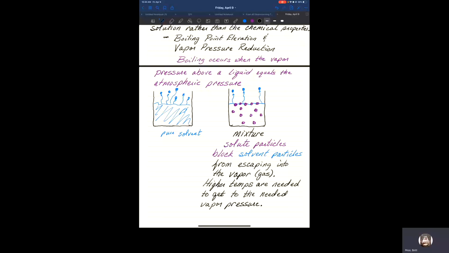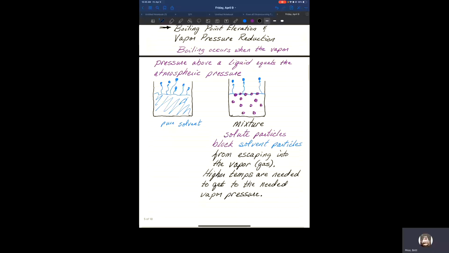So that's the first of these colligative properties. And again, I looped them together because vapor pressure being reduced is the reason why we see that boiling point elevation. So even though it's more commonly called boiling point elevation, we'll go from there.